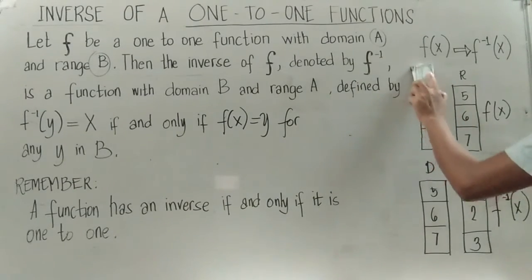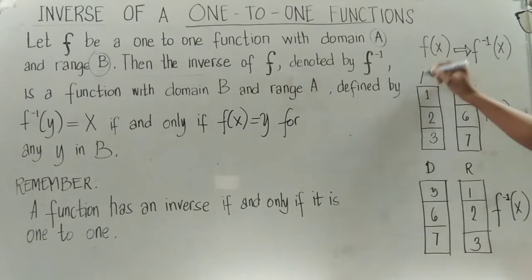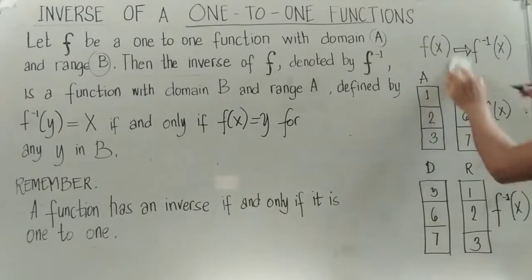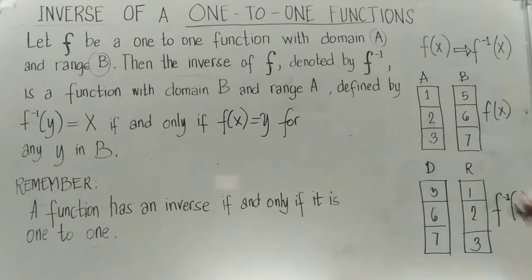By the definition, the domain is denoted by A and the range is denoted by B. So the values of your domain are 1, 2, and 3, and the values of your range B are 5, 6, and 7. That is your f of x, or your function.